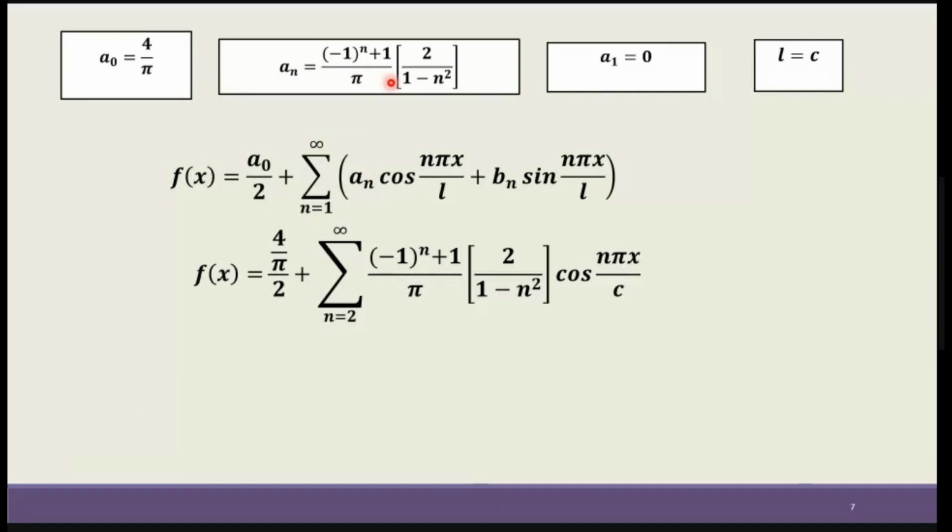An is this. Now this starts from only 2. It is not true for n is equal to 1, and for n is equal to 1, a1 is already equal to 0. So we have not written that a1 term. It starts from n is equal to 2 to infinity, whatever is the function an, into cos n pi x by c.